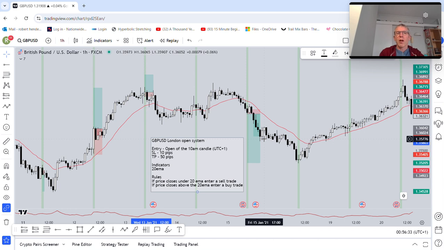I figured I'd try and show you how I backtest with that London Open strategy you were talking about. So I've jotted down the rules here. Entry at the open of the 10 a.m. candle. So just to mark that out, this is UTC plus one.